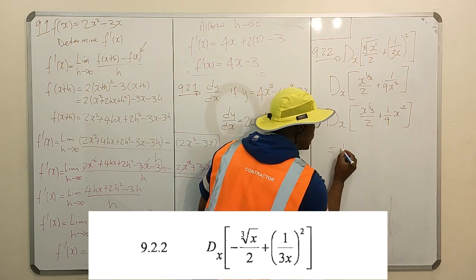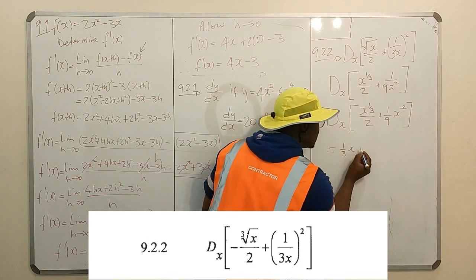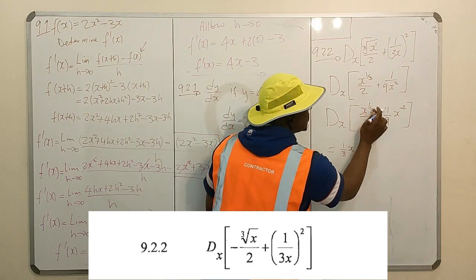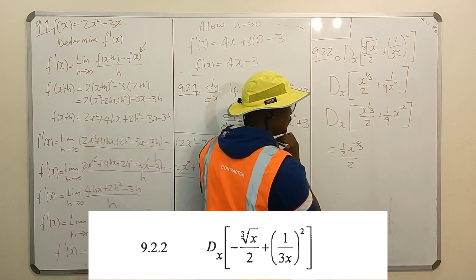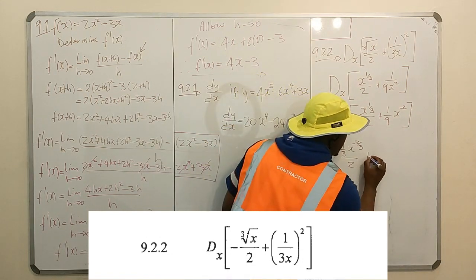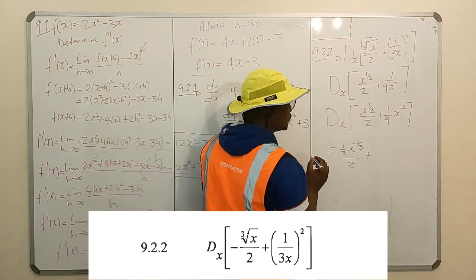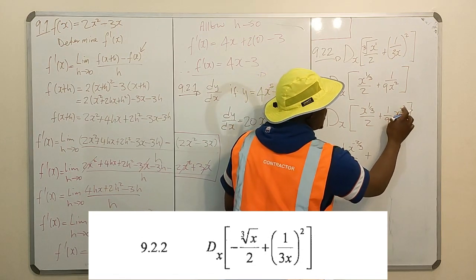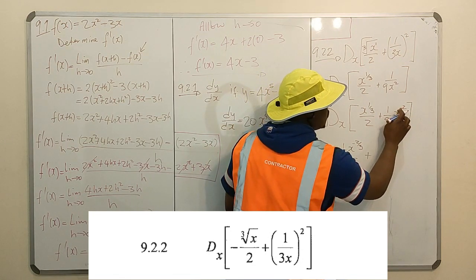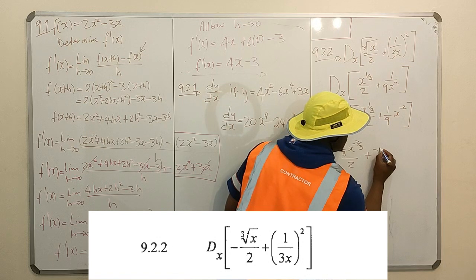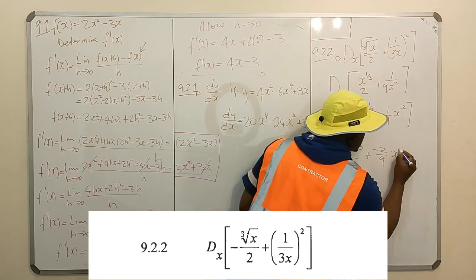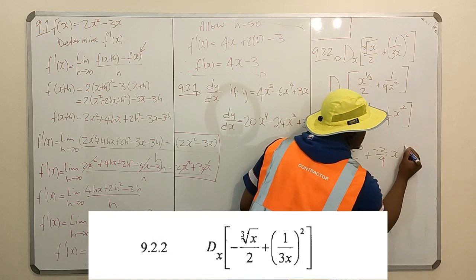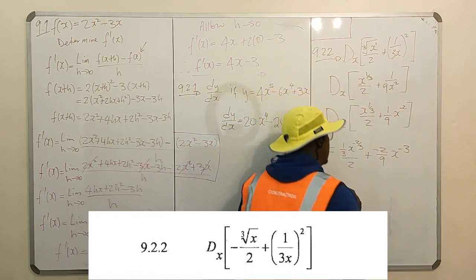So you have 1 over 3 x raised to, then you subtract 1 there, minus 2 over 3, over 2, plus minus 2 times 1, so you have minus 2 over 9 x raised to negative, subtract 1 there, negative 3.